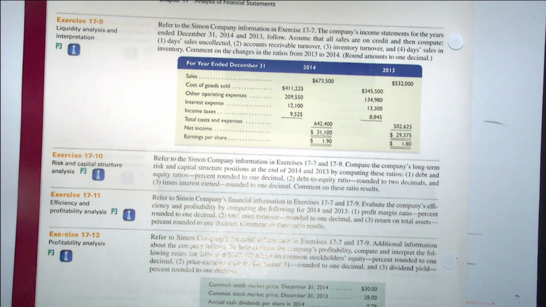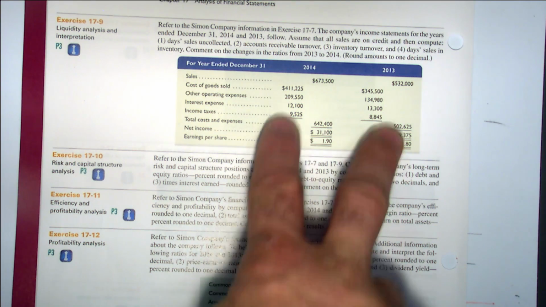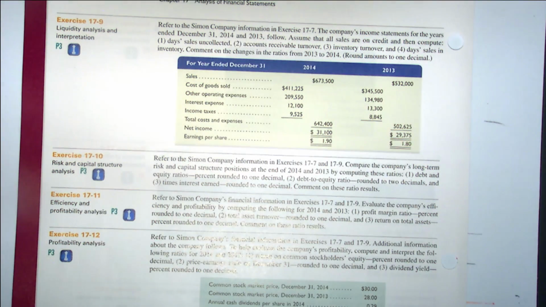They give us two income statements, and they say, refer to the information from the previous exercises. The income statements are below. They want us to compute days sales uncollected, accounts receivable turnover, inventory turnover, and days sales in inventory. These are really important ratios. Let's go ahead and compute those.